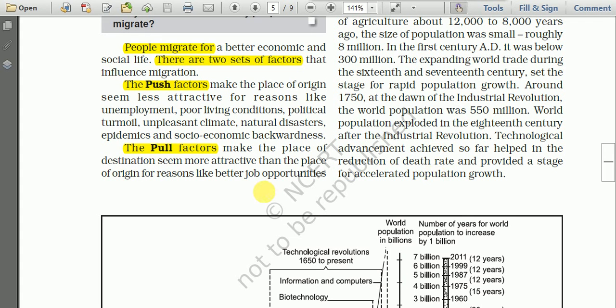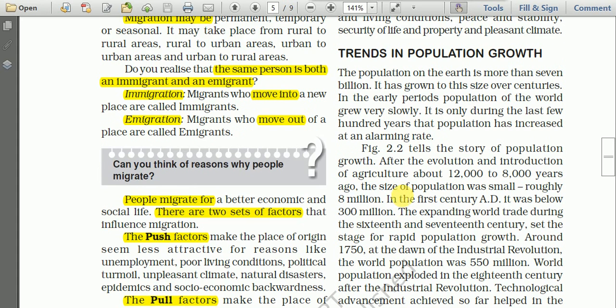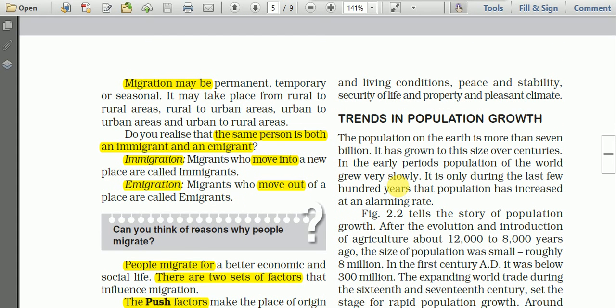See given here: better job opportunities, better living condition, peace and stability. If there is a communal clash in a particular place, then that is a push factor. Because of the clash, people will be moving out from that village and will try to find a place having peace and stability, security of life and property, and pleasant climate.